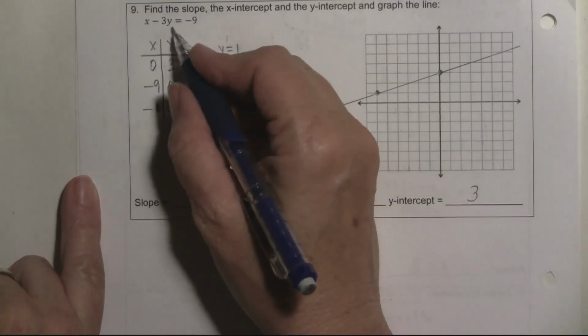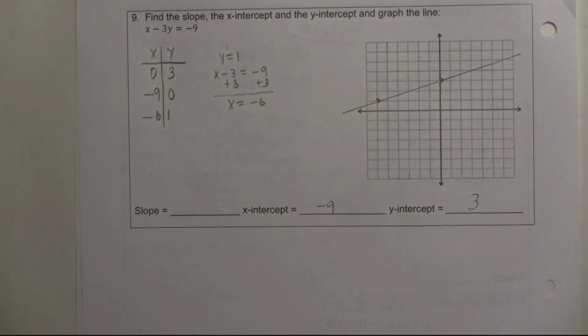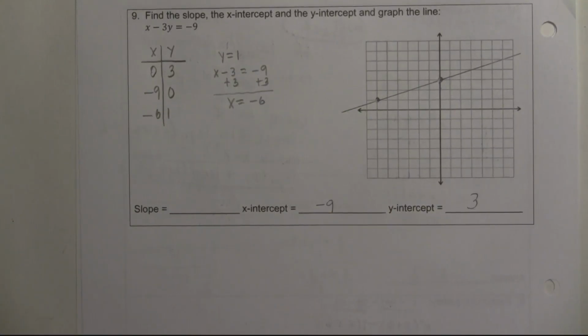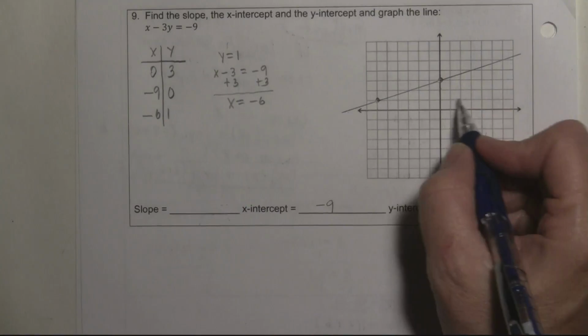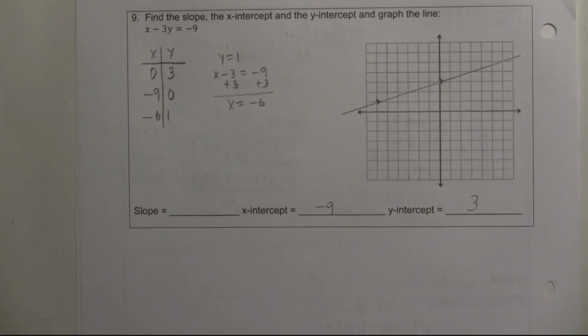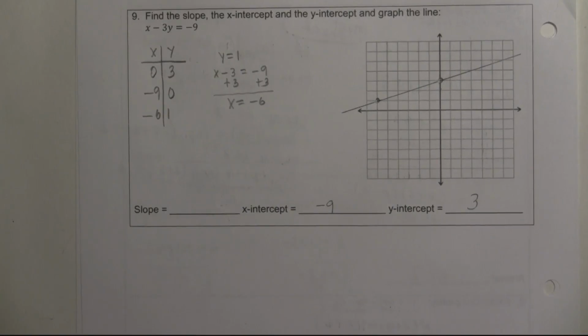Or I can take that equation and rearrange it so that it's solved for y, and then the slope will be the coefficient of x. The other choice is that I can count it on my graph. So literally all 3 of the ways they showed me how to find slope are possible here. You do whichever one you want, and you will get the same answer no matter which one you do.